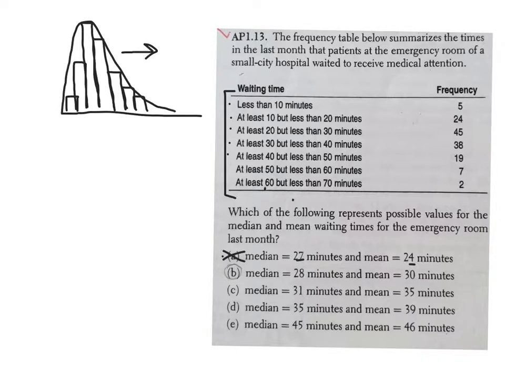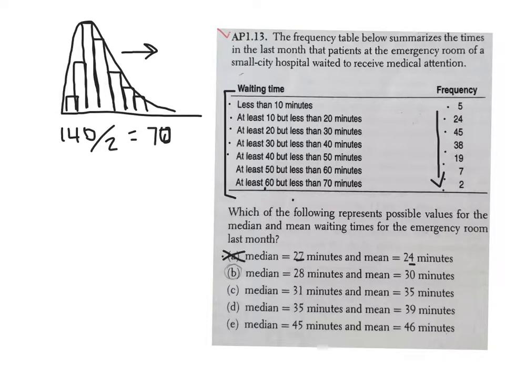Now, the median is that middle number. These are patients that are waiting for these different times, right? I'm going to figure out the middle number, and like I said, it's nice that they arranged them from lowest to highest here. I added all these numbers together and got 140. So the middle number is that 70th number.